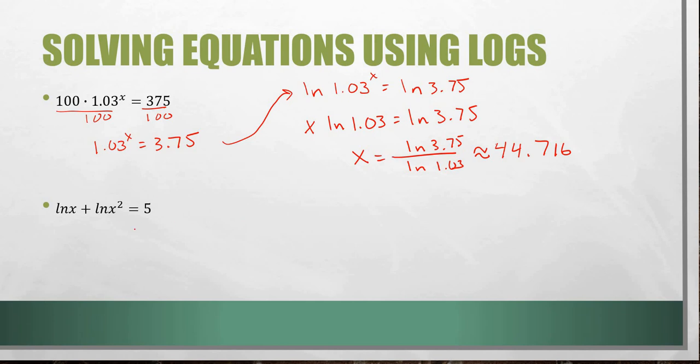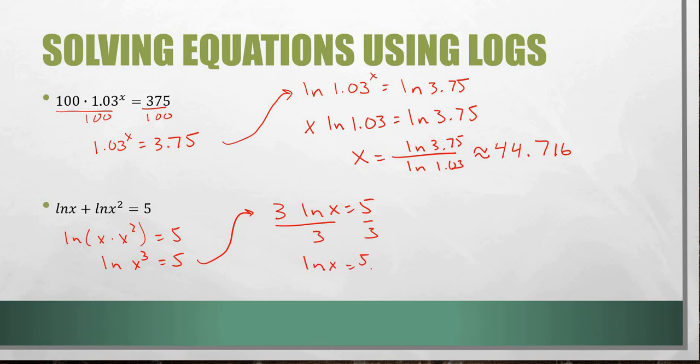Let's look at this one. I'm going to use my rule about addition. So this is ln of x times x squared, which is ln of x cubed equals 5. Bringing the power down and dividing by 3, now I have ln of x equals 5/3.